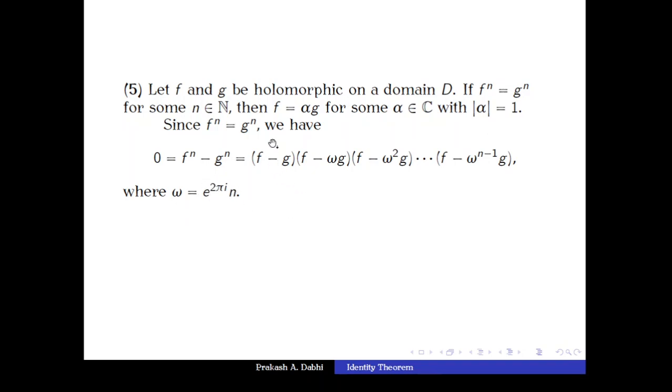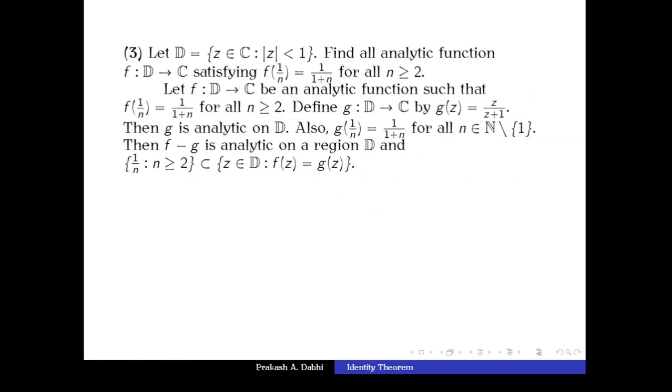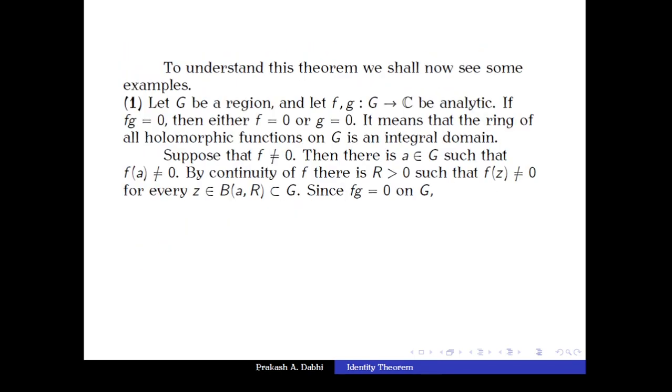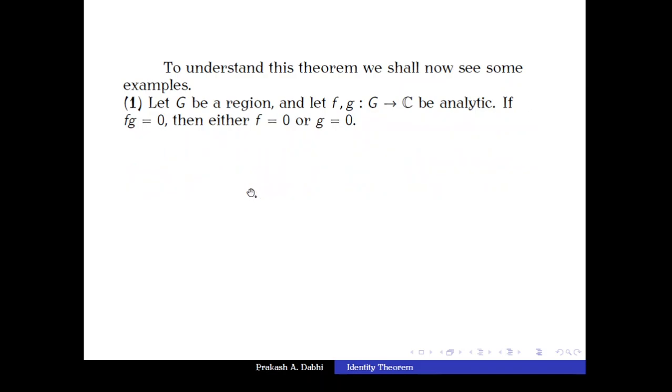Okay. Now because f is analytic, g is analytic, all these functions f minus g, f minus omega g, up to f minus omega power n minus 1 g, they are all analytic functions and their product is 0. So by using the first example, what is the first example? We have seen in the first example that if f into g is 0, then either f is 0 or g is 0.